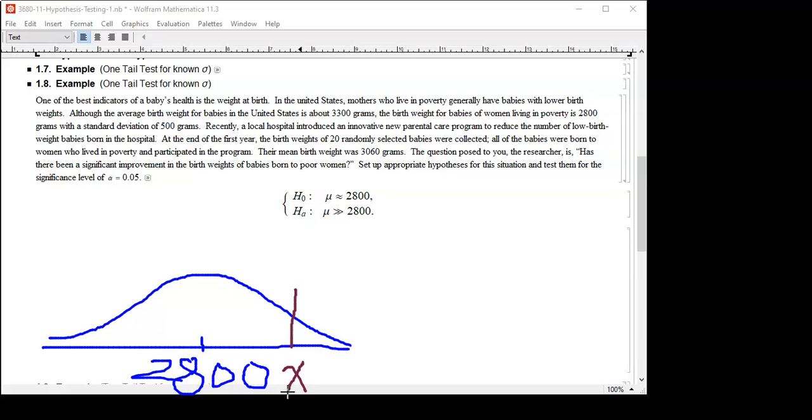So that's my x value there, right here. And this alpha is 0.05, 5%. That's the level of significance here. From here, I can find out my x value, the critical value.